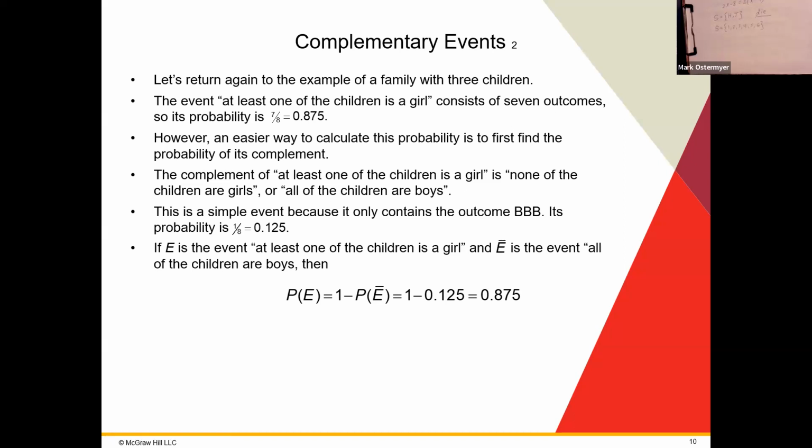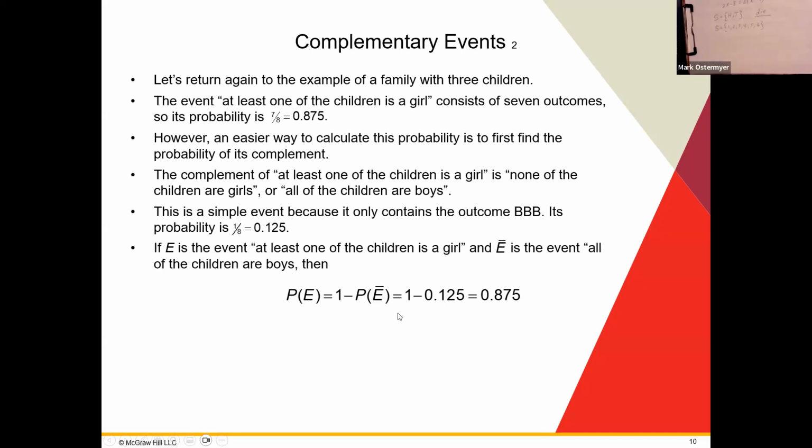Well, what does it mean to not have at least one girl? Well, that would mean that we have no girls. We have all boys. Well, all boys only occur 1 out of 8 possible ways. So therefore, the probability of having at least one girl is equal to 1 minus the probability of having no girls. 1 minus 1/8 or 1 minus 0.125, 0.875.